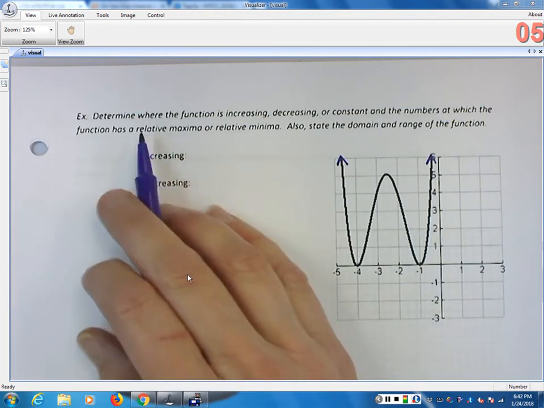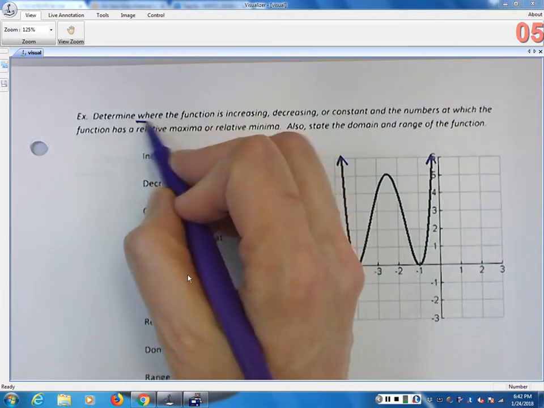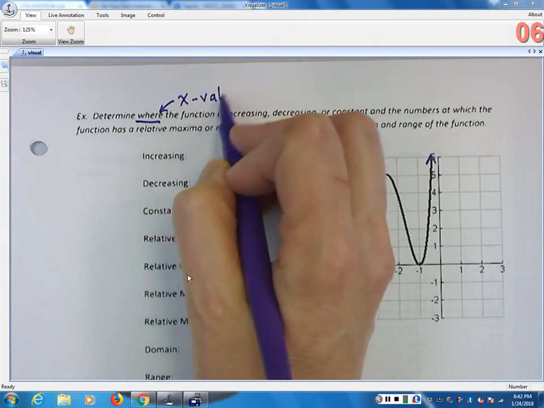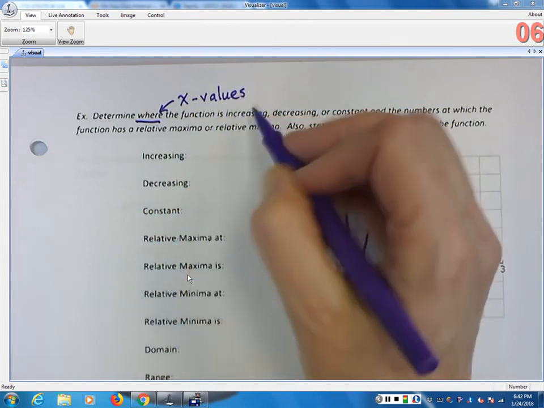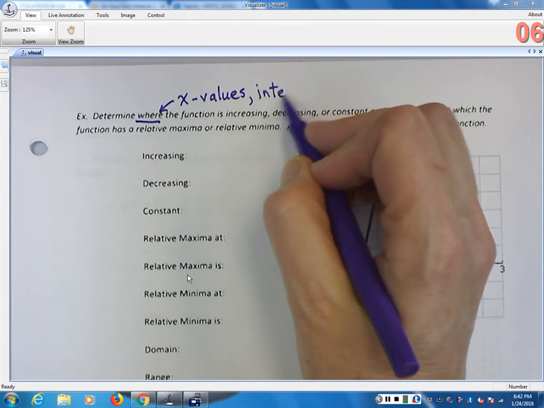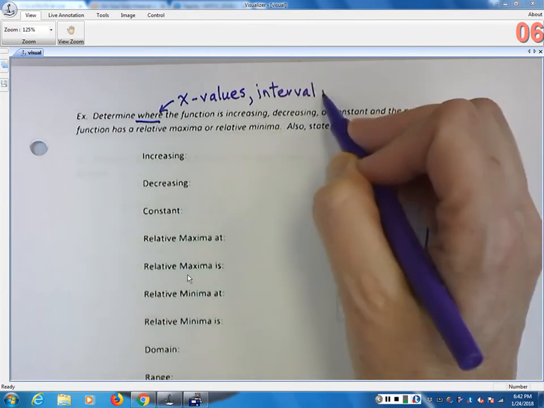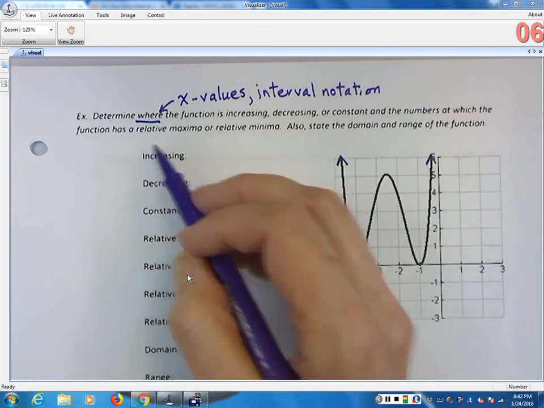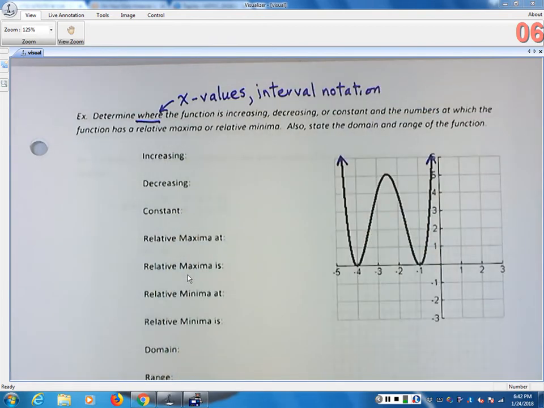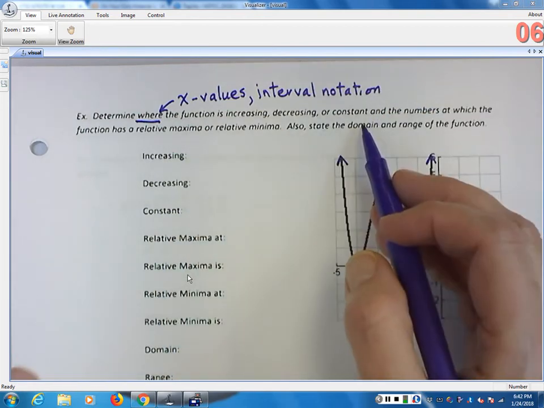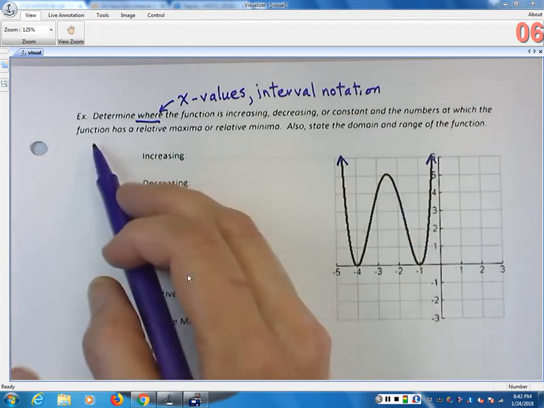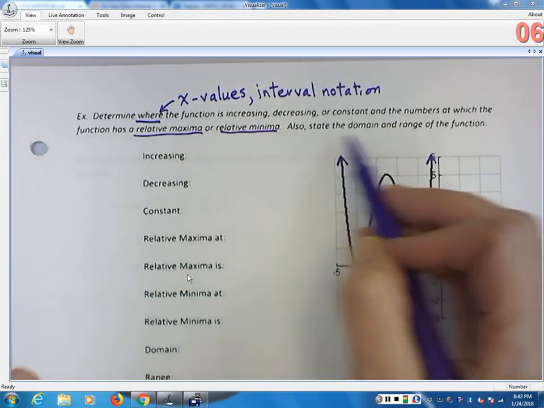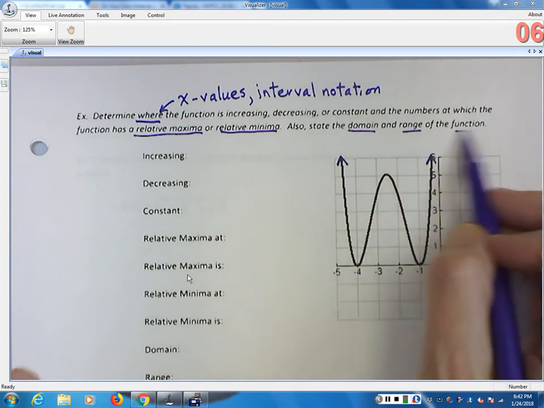So determine where the function, that's the x values, and we want to write them in interval notation. Determine where the function is increasing, decreasing, or constant, and the numbers at which the function has a relative maxima or relative minima. Also state the domain and the range of the function.